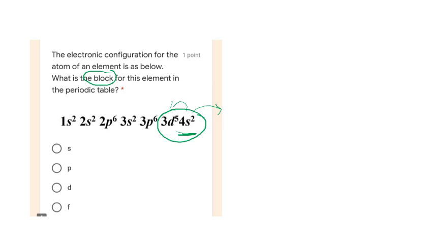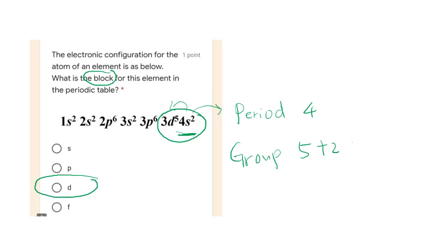So in this case, the answer is block D. If we want to know the position, it will be in period 4 because n equal to 3 and n equal to 4, 4 has the larger value, so it refers to period 4. But the group will be the total of the number of valence electrons in block D and block S. So 5 plus 2 equal to 7. So the position will be period 4, group 7 and block D.